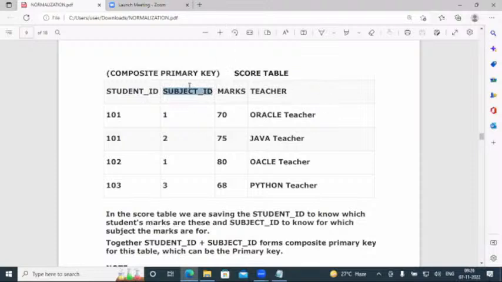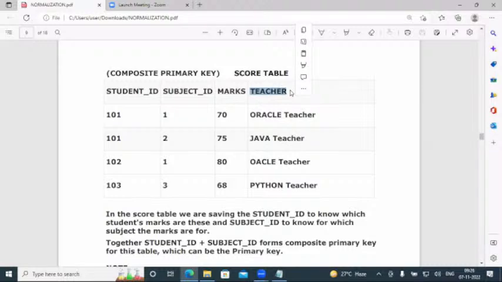The teacher always depends on what? Subject, not students. So that means the teacher column, a non-primary key column, depends on subject but not student. That means is it partial or full now? Clear identification: partial. So now I have a partial dependency column in this table.